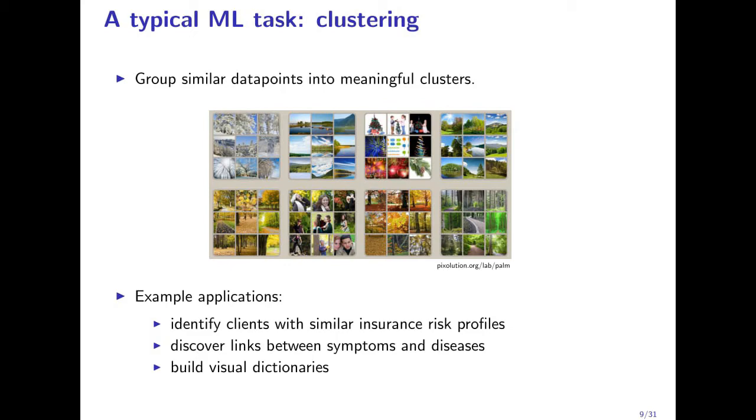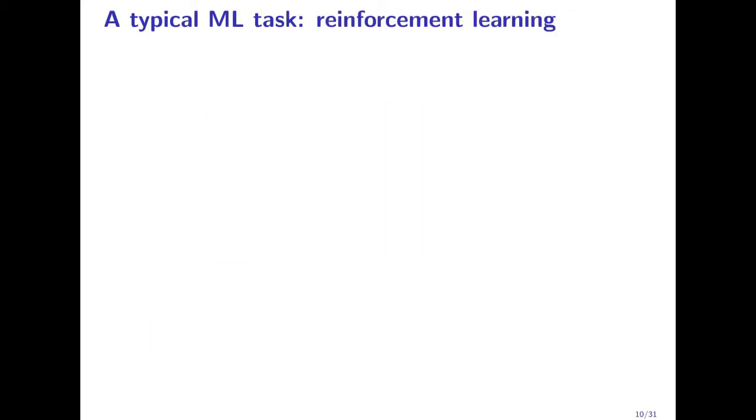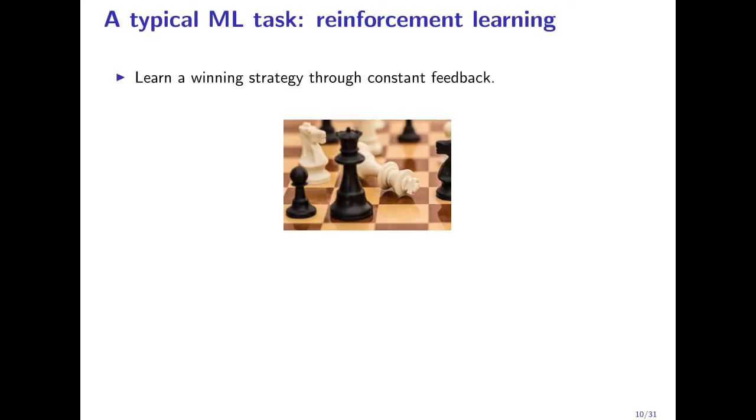Okay, then something like reinforcement learning. This would be, for example, to learn a winning strategy to play a game like chess through constant feedback. As the machine tries different moves, there's always feedback about the outcome. And there's, of course, always uncertainty, because we don't know what the opponent is going to do, which makes the problem a bit more interesting.